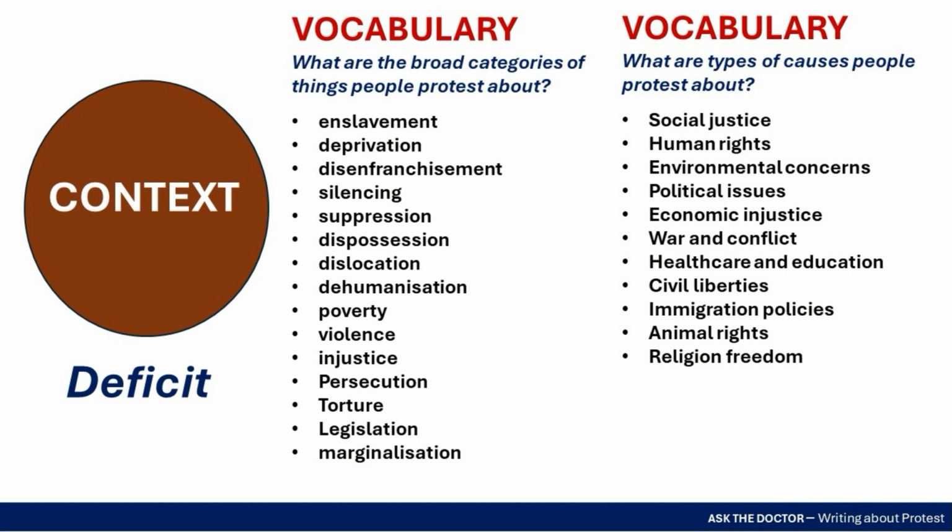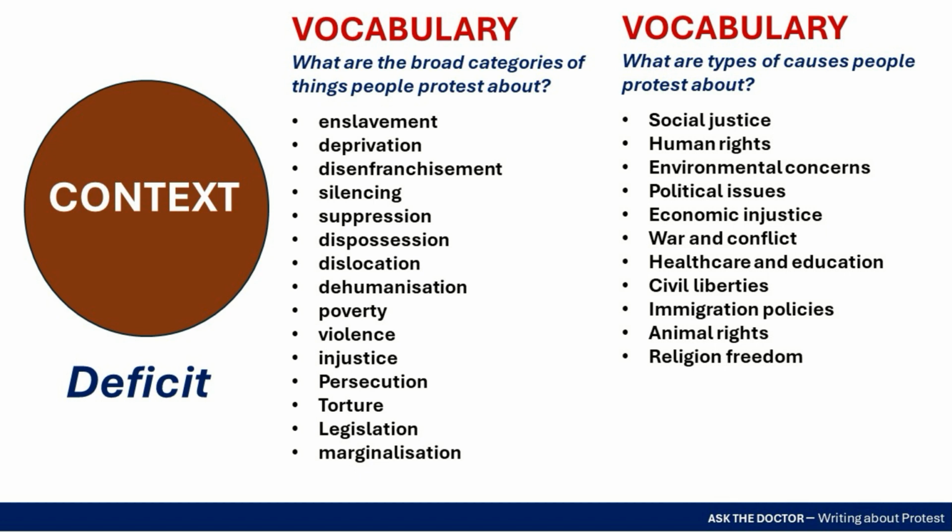War and conflict. Anti-war protests oppose military intervention, arms sales, and conflicts perceived as unjust or unnecessary. Healthcare and education. Protests may arise around issues such as access to healthcare, education funding, student debt, and educational reforms. Civil liberties.